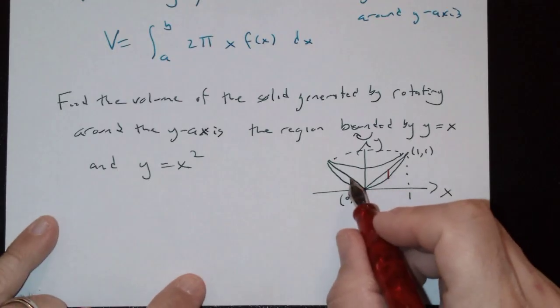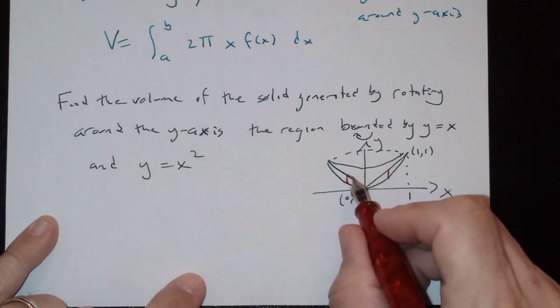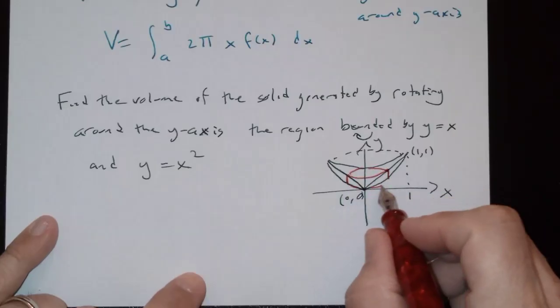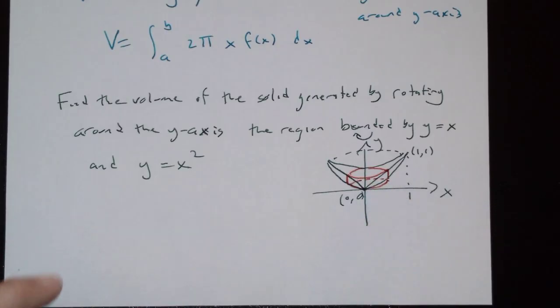And when I spin it around, it goes like that. It's kind of suspended in midair here. Doesn't reach all the way to the ground. So let's think about how we would integrate this. 2 pi r, that's the circumference of the circle, times the height, dx for the thickness.